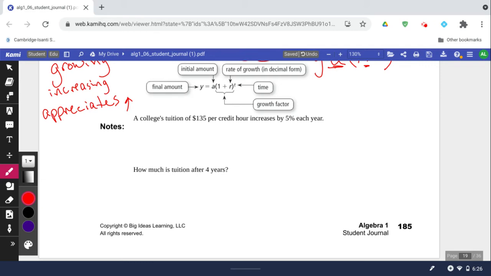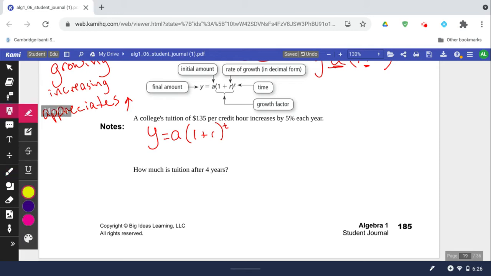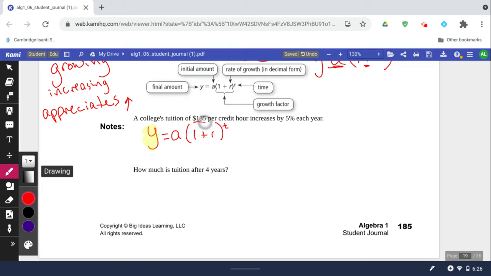I've got my y is equal to a(1 plus r) to the t power. In this one I'm solving for y, and I need to know what's a, what's r, what's t. a is my starting amount, so 135 is the amount that I'm starting with.